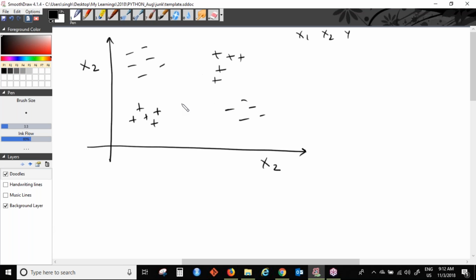Now how would you find the function f? How do you think you will find the function f now?